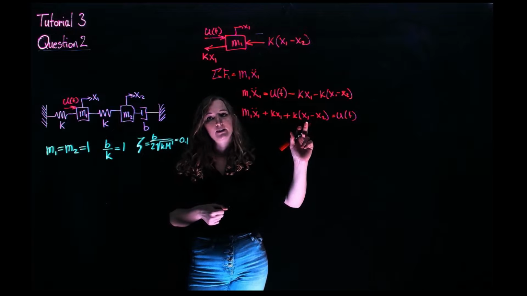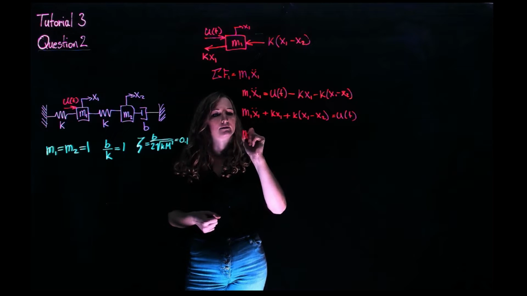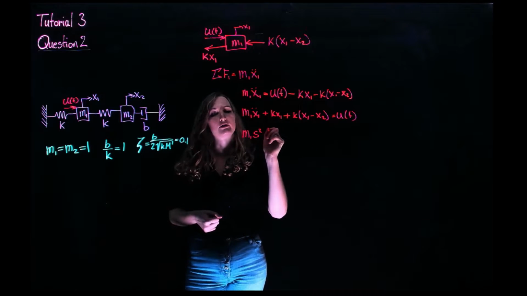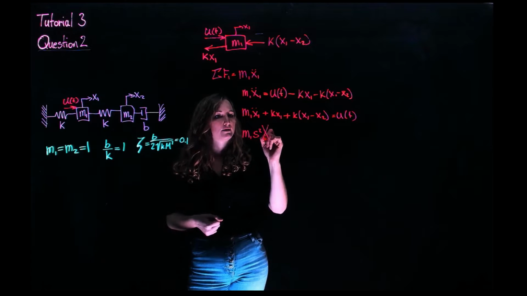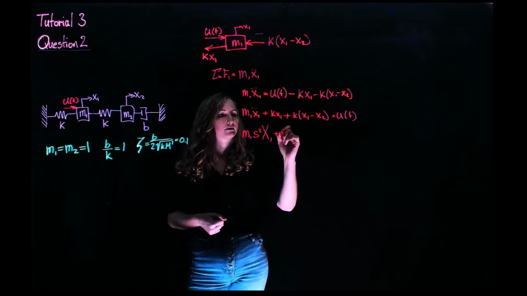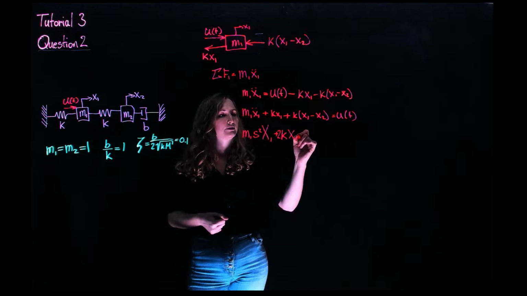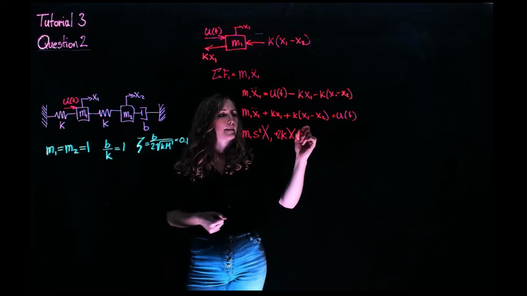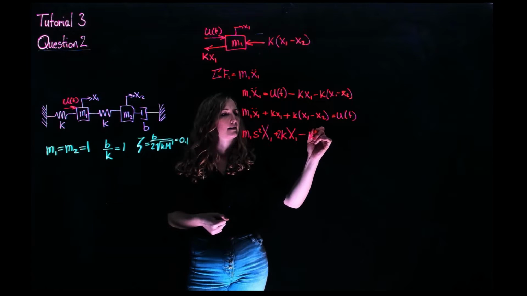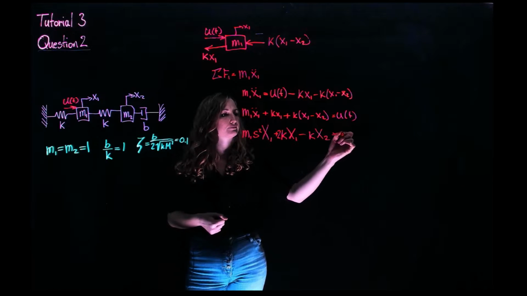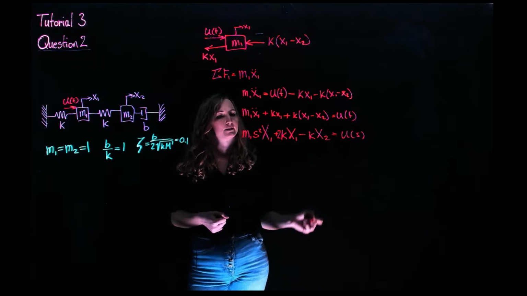I'm going to expand this at the same time, so we get m1 s squared x1, assuming initial conditions are 0, plus 2k x1 minus k x2 is equal to u in the s domain.